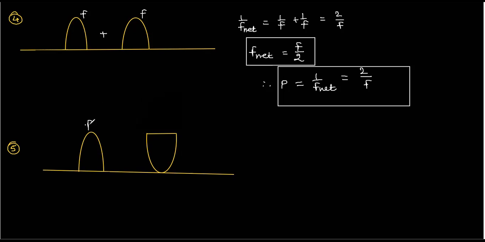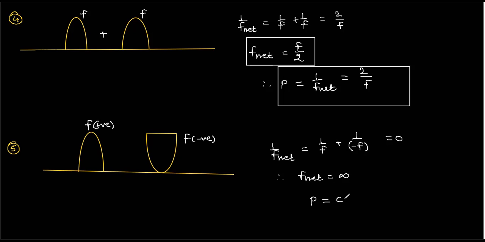Then for this the focal length is positive and for this the focal length is negative. So 1 by f net in this case is 1 by f plus 1 by minus f, which is equal to 0, and therefore f net is going to be infinity, because 1 by f net is 0, and power P is equal to 0.